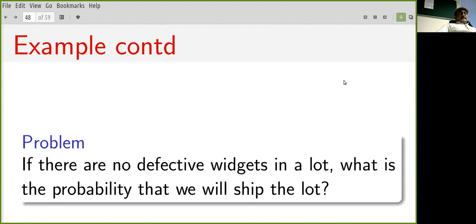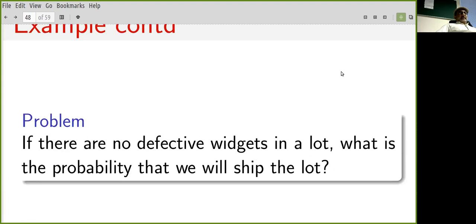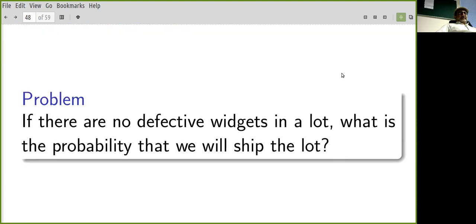So if there are no defective widgets in a lot, what is the probability that we ship the lot? Given that there are no defective widgets in a lot of 45 widgets, what's the probability that we ship the lot? Given this policy, we have 45 widgets, none of them are defective.